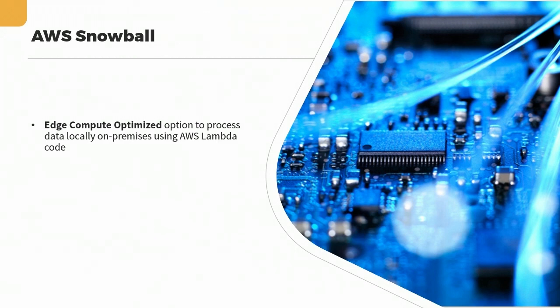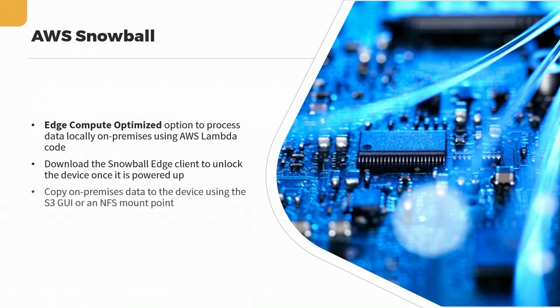You can also use this as a useful way to have some kind of compute functionality on your data, even if you don't have a connection to the internet into the AWS cloud at that time. And so it uses AWS Lambda functions to do this type of processing. Now, to work with this, you would download the freely available Snowball Edge client to unlock the device once you power it up, and then copy your data to it using either the S3 GUI or an NFS mount point.